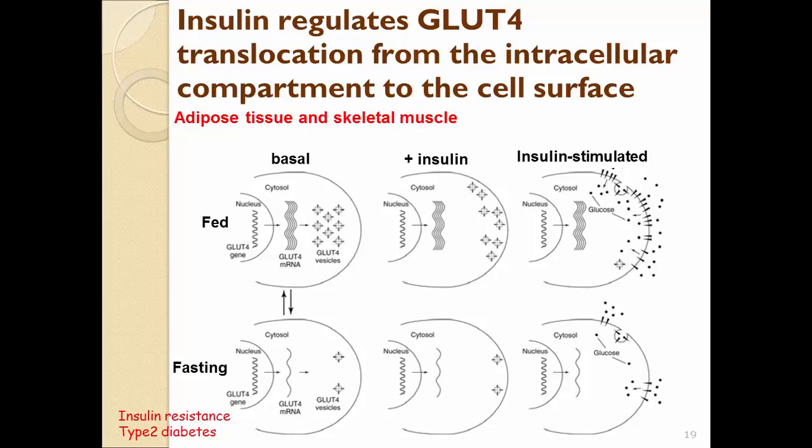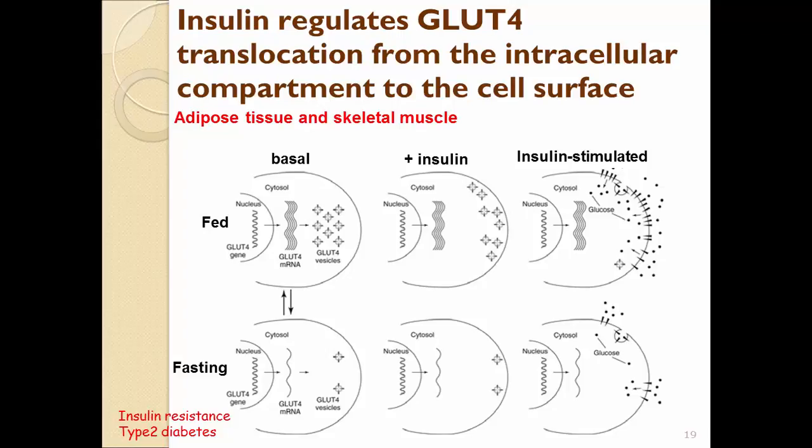And in disease conditions, for example insulin resistance or type 2 diabetes, the level of GLUT4 is decreased, and you also have less GLUT4 translocation to the cell surface because the cell is resistant to insulin, right? You are not sensitive to insulin.